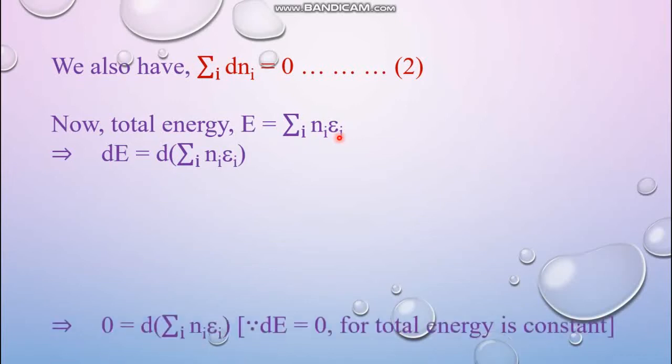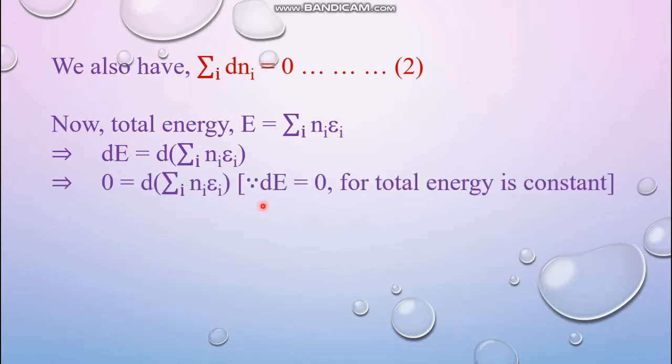Since the total energy E is constant, as I have said, dE equals 0, so the left hand side is 0, and that means d of sum over i of n_i epsilon_i equals 0. Now again the derivative rule d(xy) equals x dy plus y dx, likewise here n_i d epsilon_i and epsilon_i d n_i, and the summation signs are as usual there.